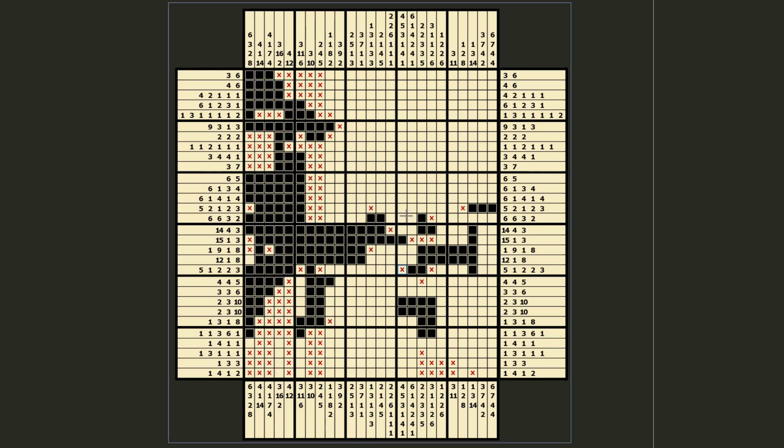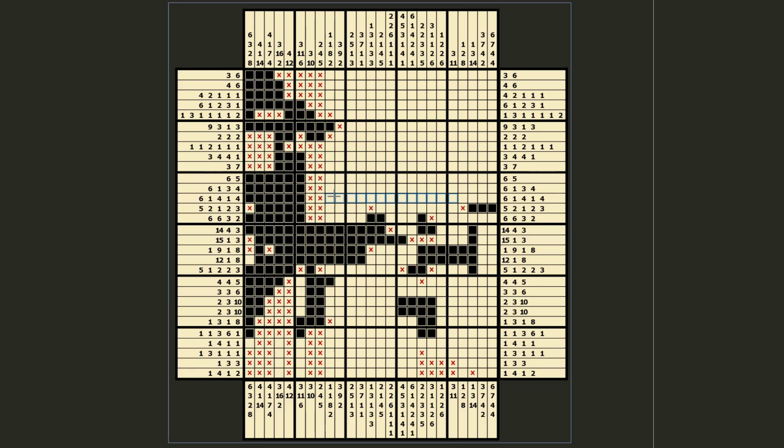Where to go now? Where can I go? 1, 4, 1, 4.